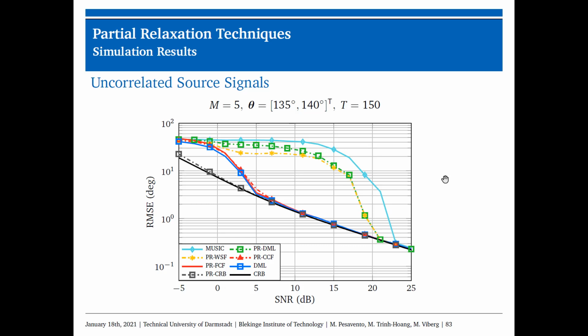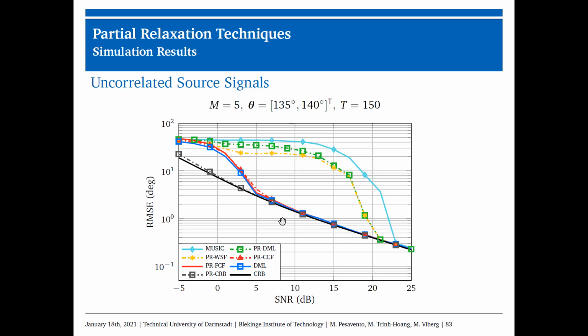We also compare the performance of the PR estimators given here, DML, WSF, CCF, and SCF, to one single source approximation method, namely the MUSIC estimator, and one optimal parametric method, the DML estimator. We can see that among the PR estimators, the estimation performances of the covariance fitting based ones, denoted here by the red markers and the red line, are very favorable, where they almost coincide with the high computational complexity DML estimator.